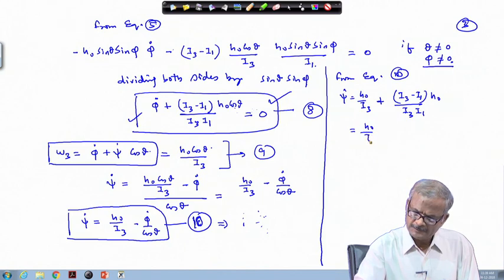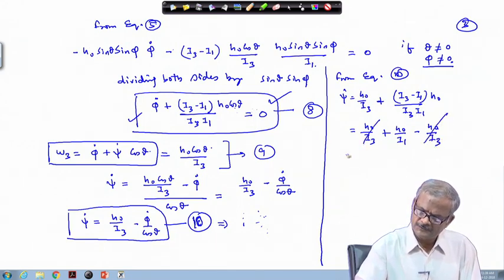So, H 0 by I 3 plus, here I 3 will cancel out if we break the bracket, H 0 by I 1 minus H 0 I 1 cancels out by I 3, and these two get eliminated, and the psi dot then becomes H 0 by I 1.